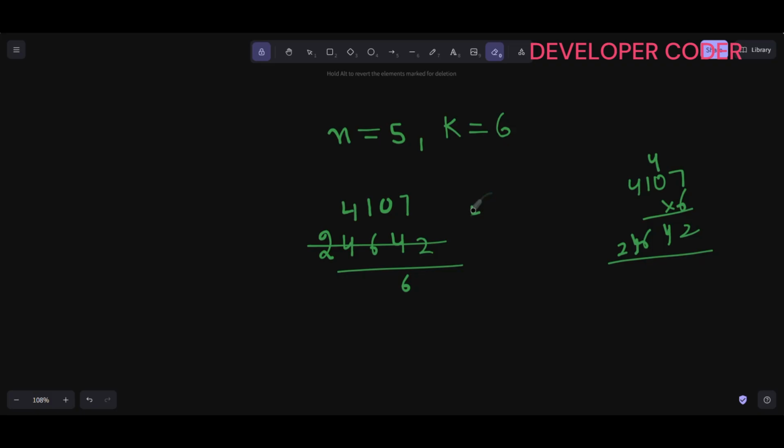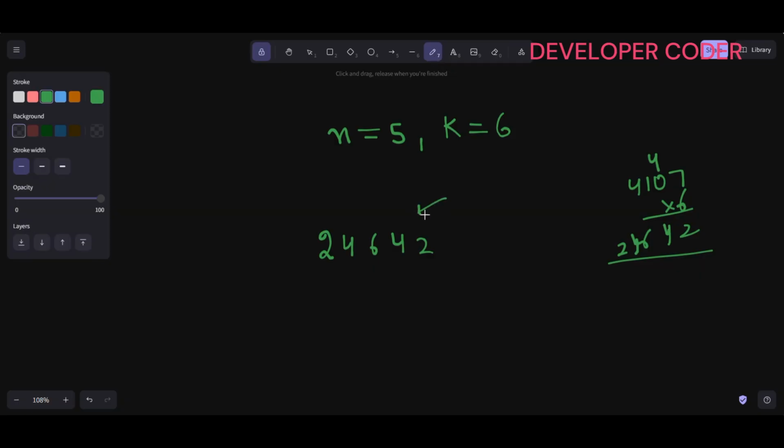Now this number is k palindromic, right? So what are the different combinations in which we can write this number? Different permutations. You know that, 1 2 3 4 5, so 5 factorial, and downwards you have to write the count of all the numbers so that we remove the duplicates.